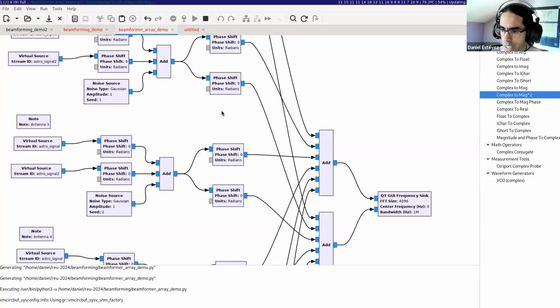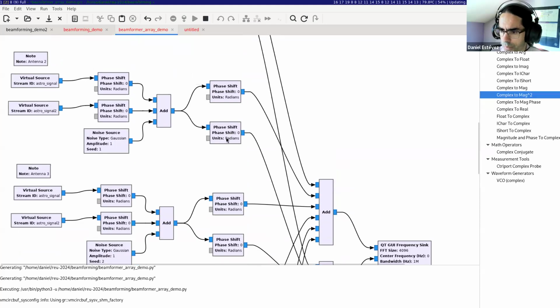So oftentimes antennas are not placed randomly, they are placed having in mind achieving good coverage of these measurements, which are on a plane which is called the UV plane. If you ever hear the expression UV plane in interferometry, that's what it means. And then we basically do an inverse FFT transform.